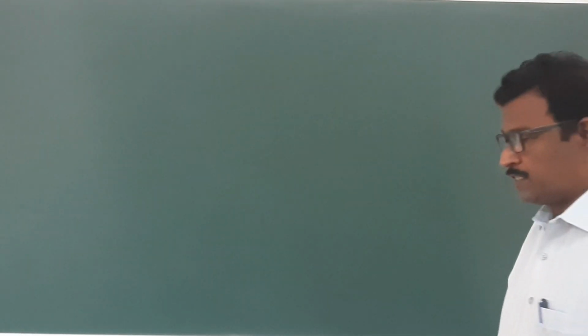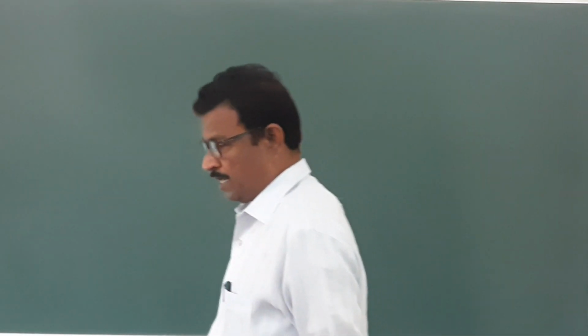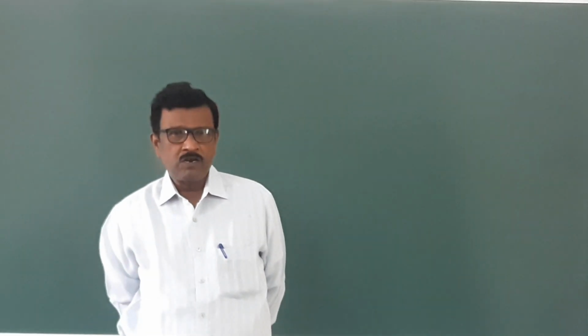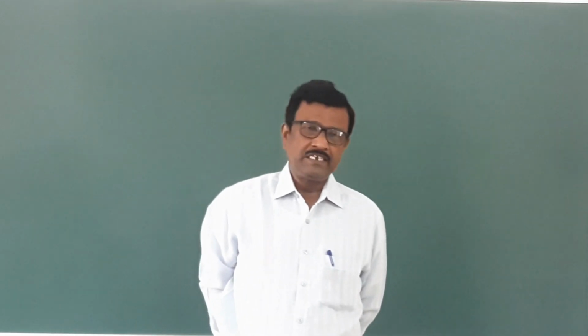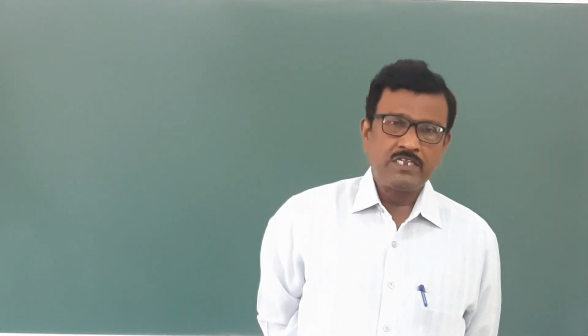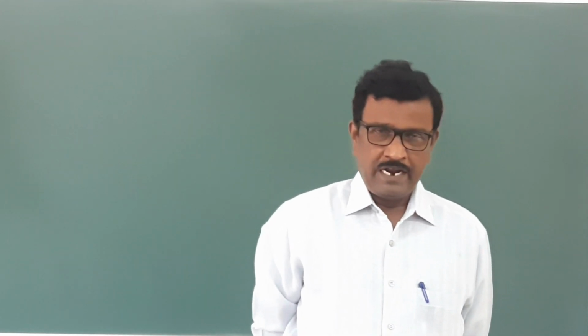What are the devices used for measurement of solar energy? That thing will be discussed in this class. So we shall discuss different devices that are used for measurement of solar radiation or thermal radiation.